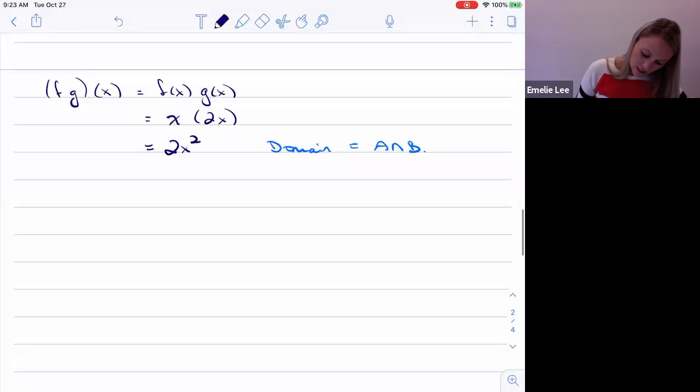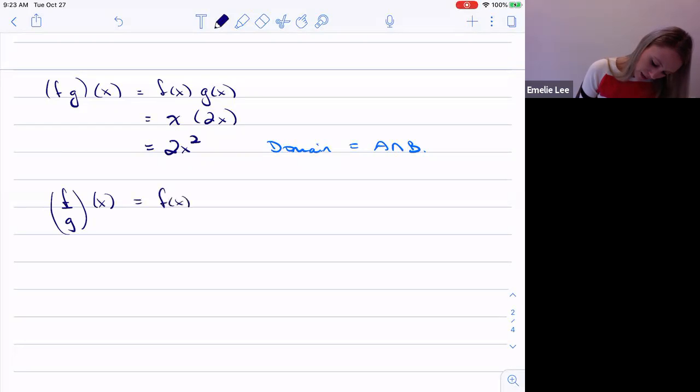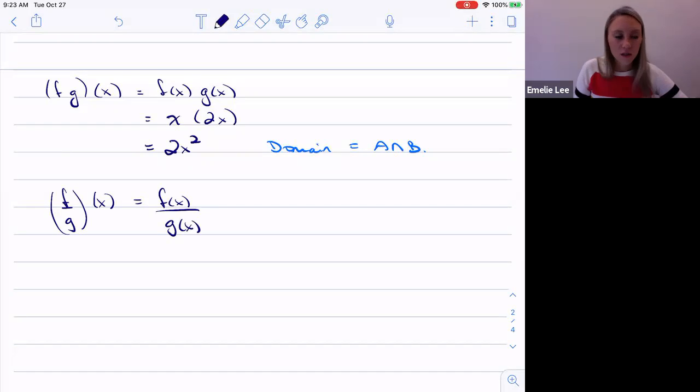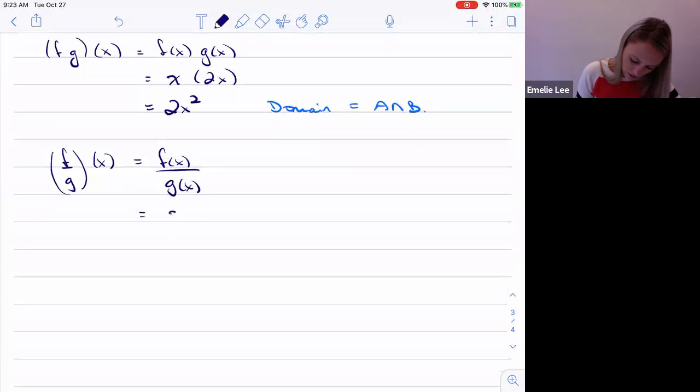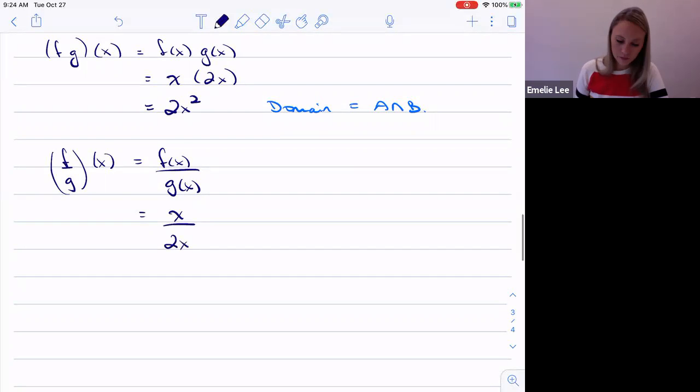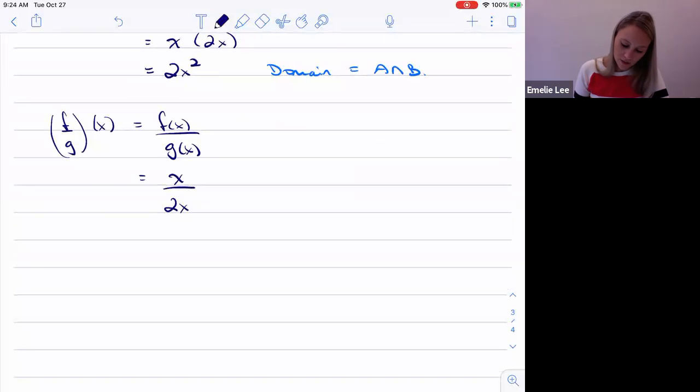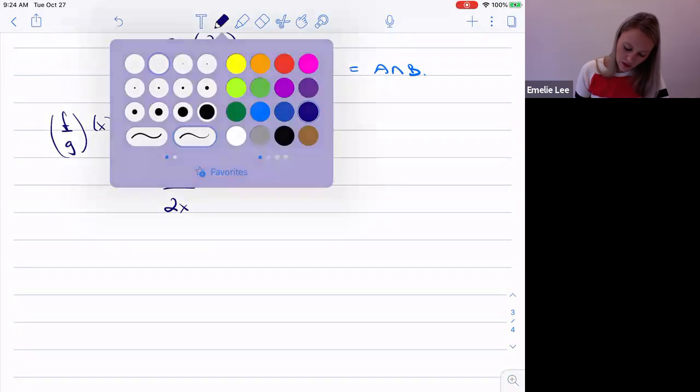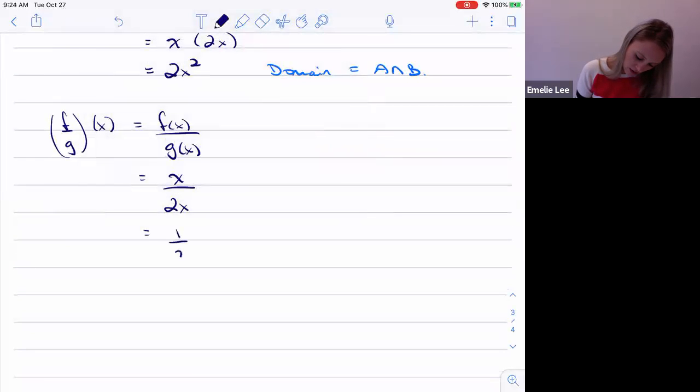The division is a little bit trickier, because f over g of x is f of x divided by g of x. F of x was x, divided by g of x, which is 2x. X divided by 2x is really just 1 over 2.